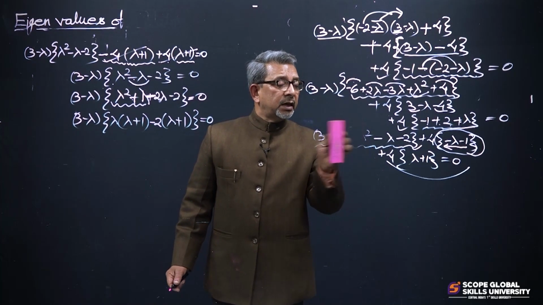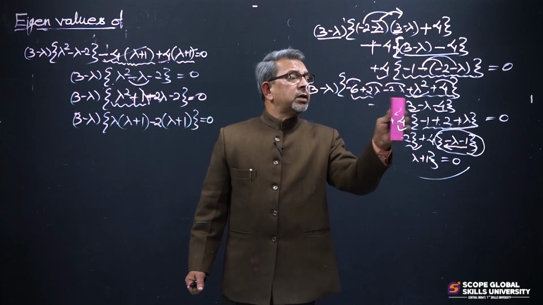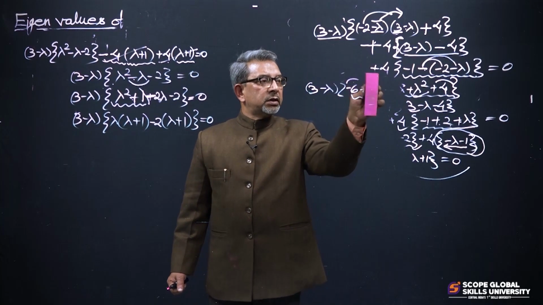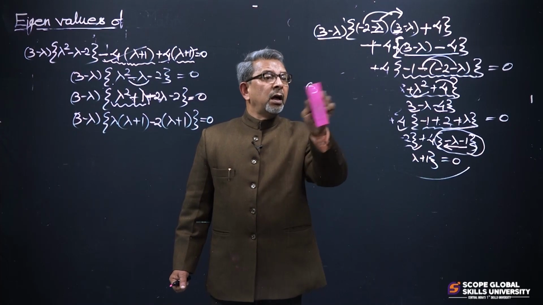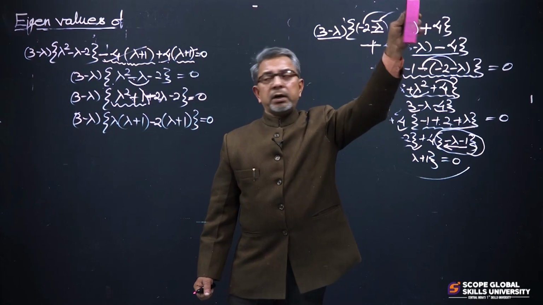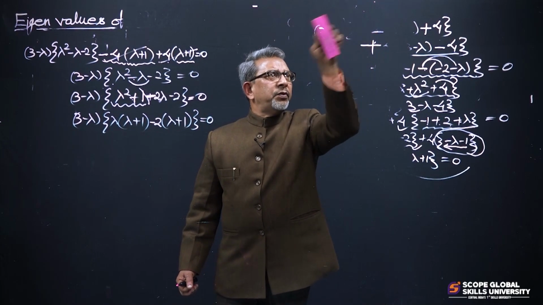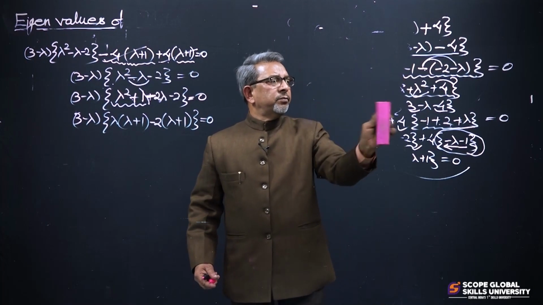in both sections we have lambda plus 1 as a common factor. That's why if we take out this lambda plus 1 as common factor, finally we get only two factors. First is lambda plus 1 and second is lambda minus 2. So, in this way we get three factors.